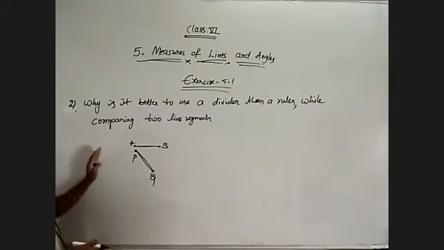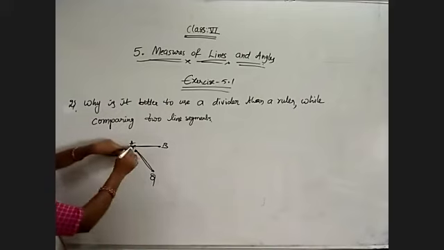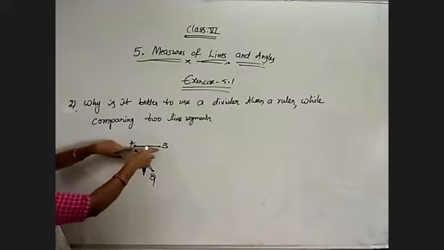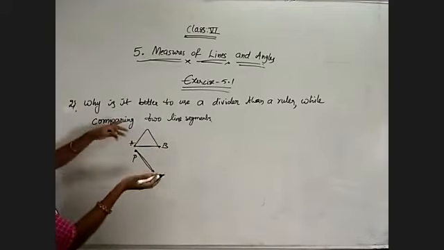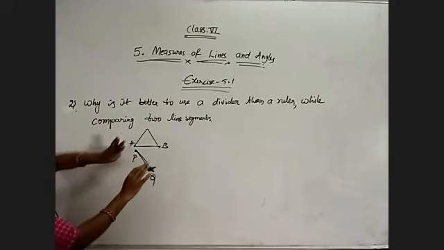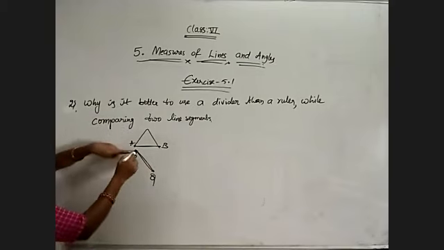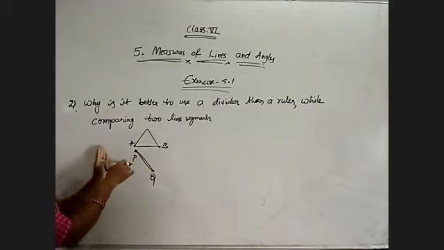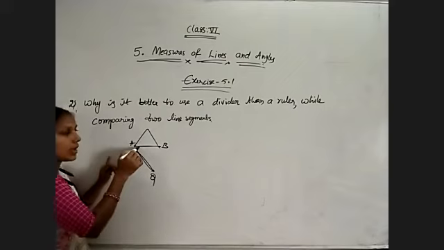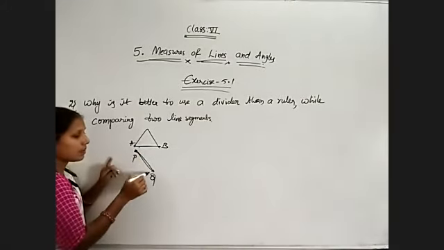But coming to the divider, am I measuring the AB length? No, I'll just keep one arm at A and the other at B. So I'll drag the other arm to B without disturbing that. Without disturbing that, the same length I must keep at P and Q. If it is lying lesser, then AB is lesser than PQ.